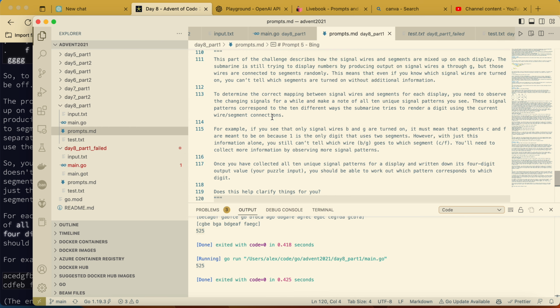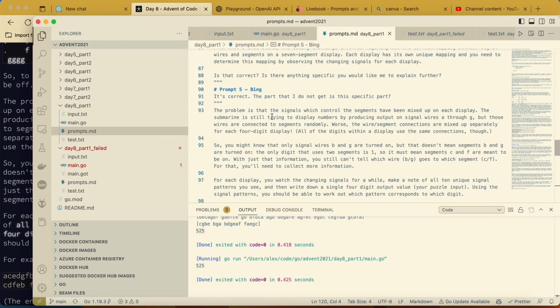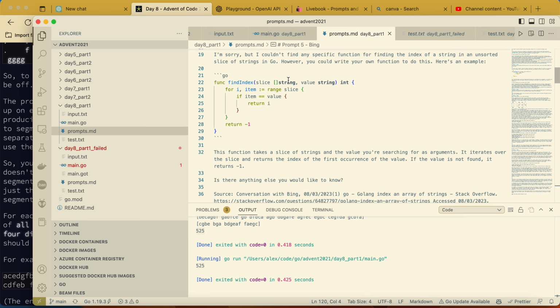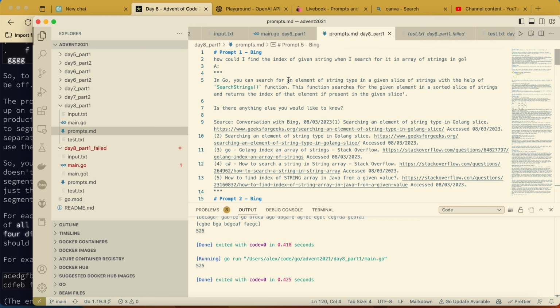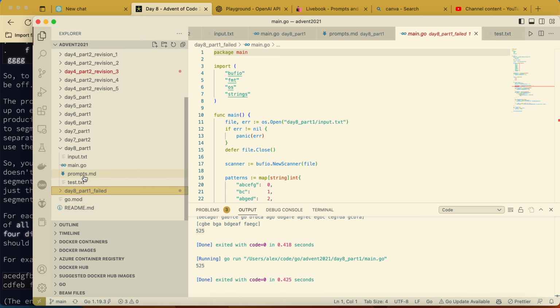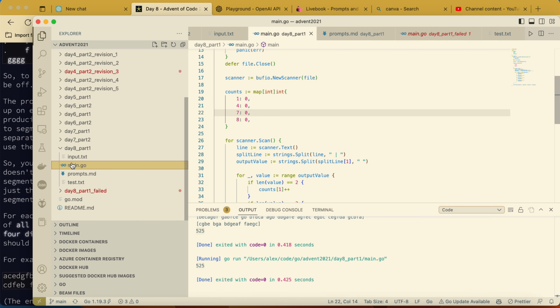And we ended up with this. As always, you can see my prompts and what I asked Bing for, before that the failed part, and now the working one.